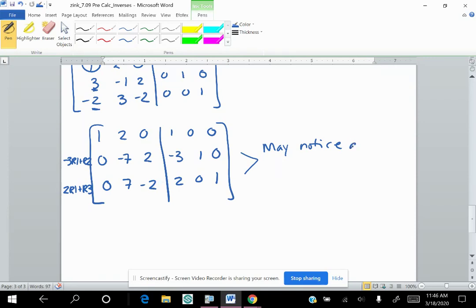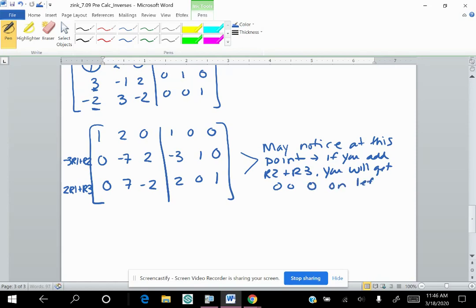So you may notice at this point, if you add row 2 and row 3, you will get the 3 zeros on the left.